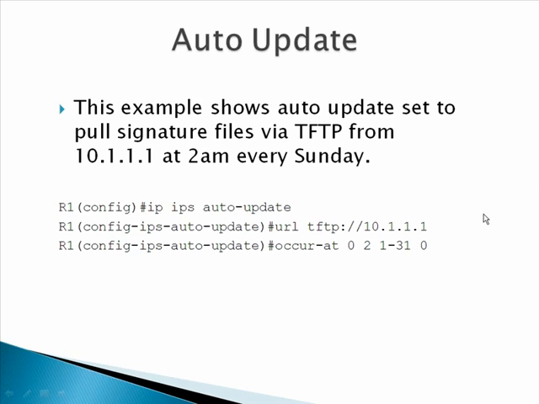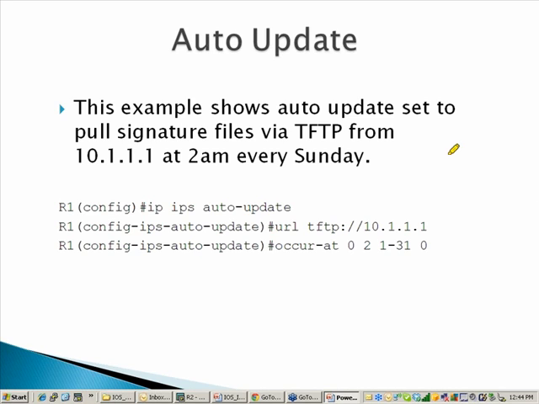So here's an example of this. When you do IPS auto update, it drops you into a sub configuration mode, and you say, I'm going to be downloading from the URL TFTP 10.1.1.1. I will have this occur at 2 a.m., days of the month 1 through 31, and on the day of the week 0.